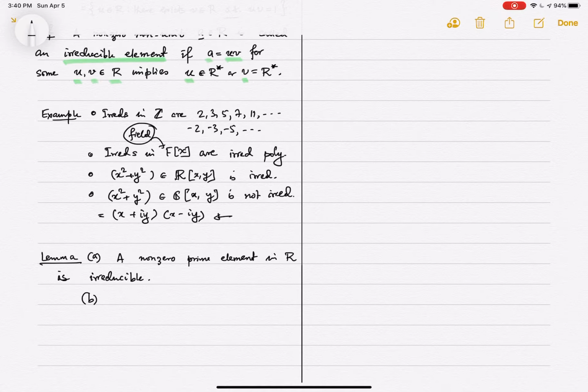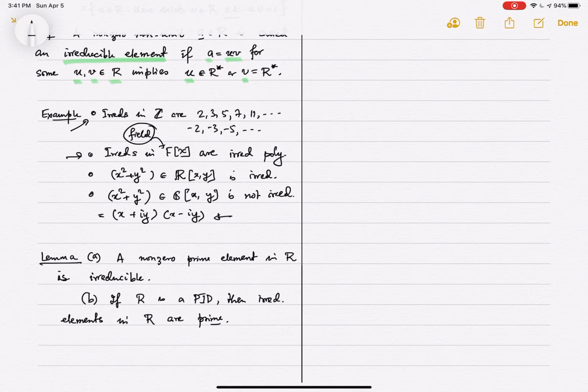And if R is a PID, then the converse also holds. If R is a PID, then irreducible elements in R are prime. So that's why you see that in these two fundamental examples of principal ideal domains, the prime elements and the irreducible elements are exactly the same set of elements. It's an illustration of this lemma.